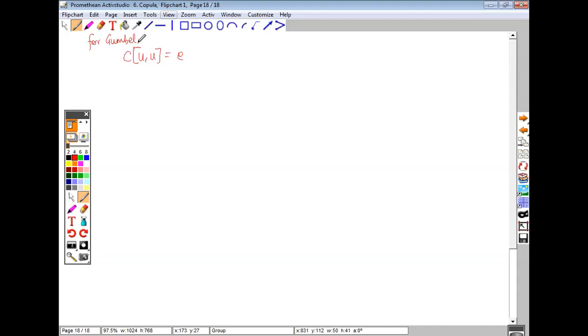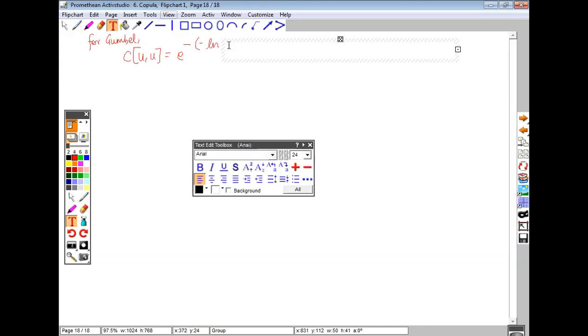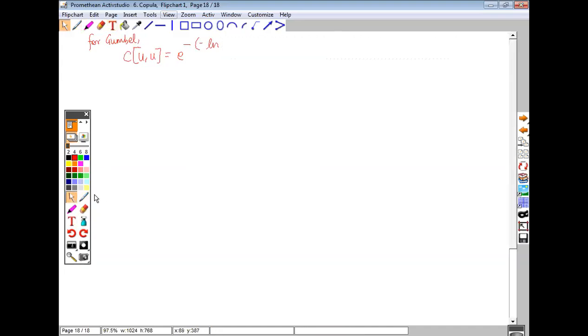So we have e raised to minus of log of minus of log of u plus minus of log of u again, and everything raised to 1 upon alpha, or e raised to 1 over alpha.